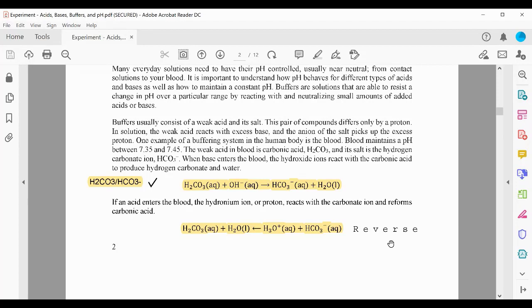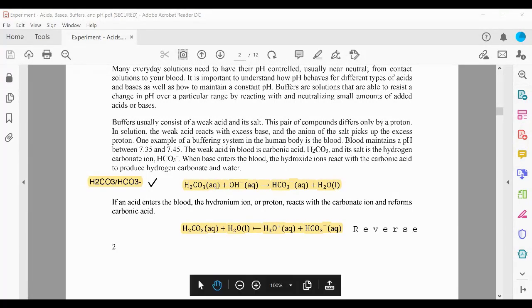As long as the amount of hydroxide that we add is less than the amount of carbonic acid in solution, the buffer neutralizes all the sodium hydroxide, and we have a very, very small pH change. Any questions on how the buffer works?